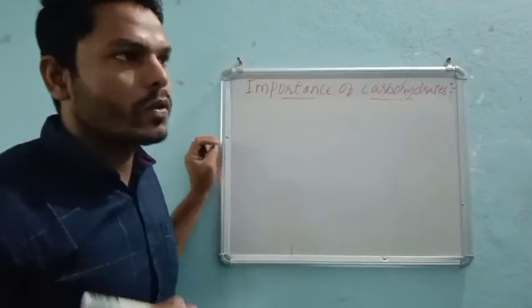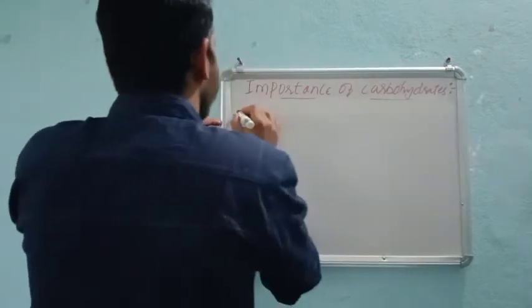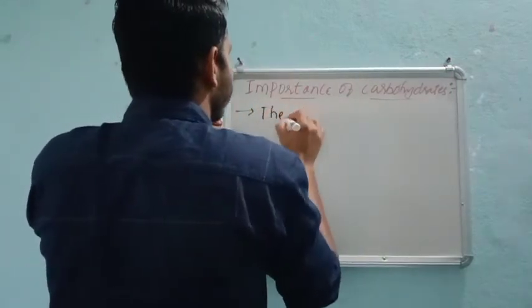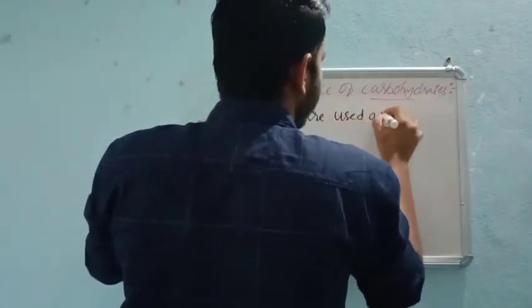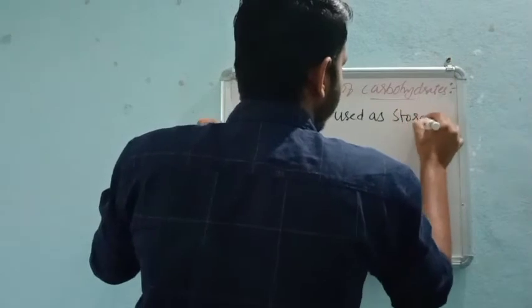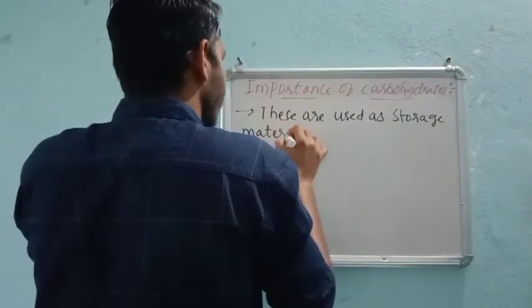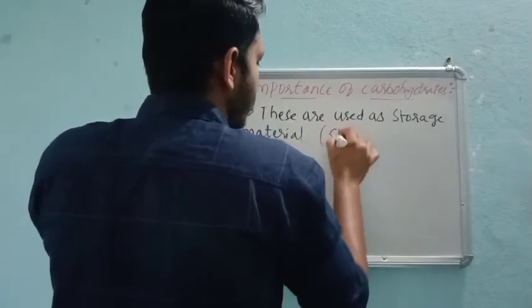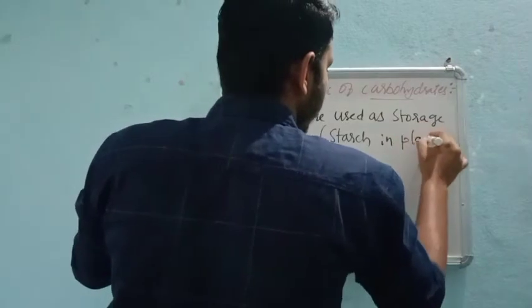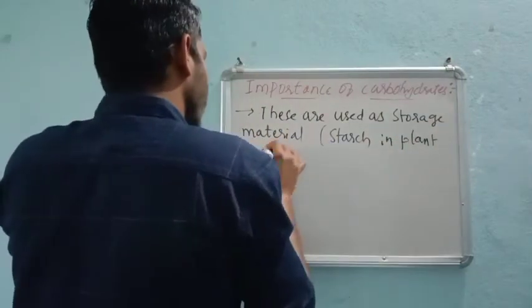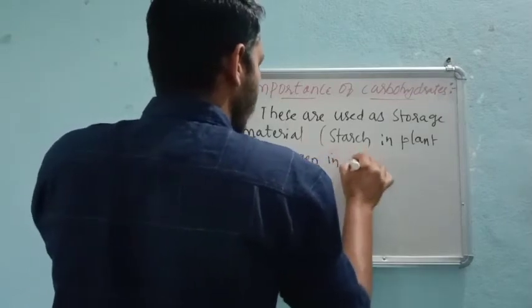These are used as a storage material: starch in plants and glycogen in animals, right?